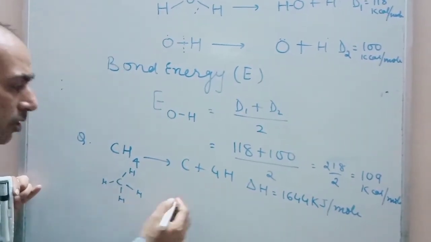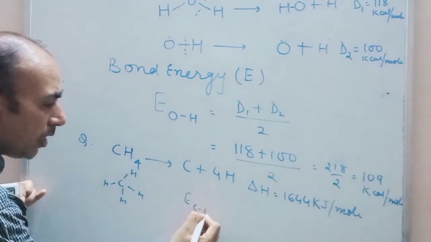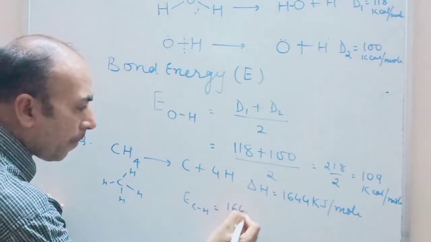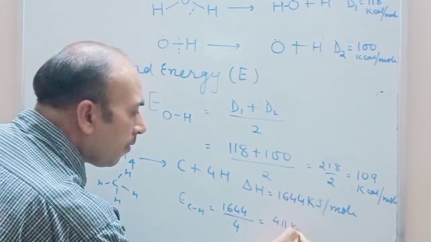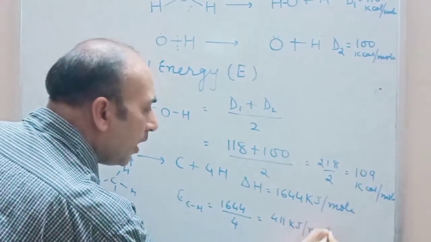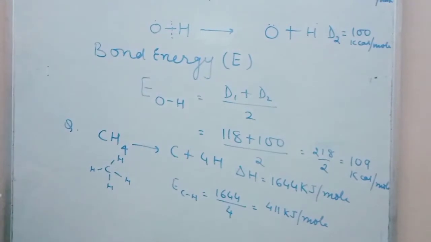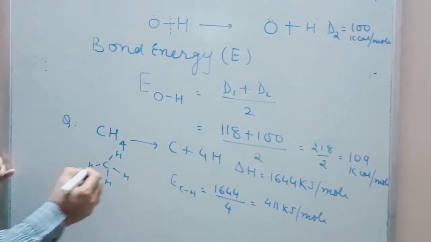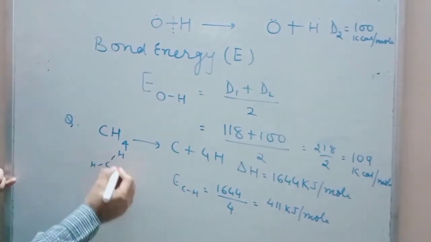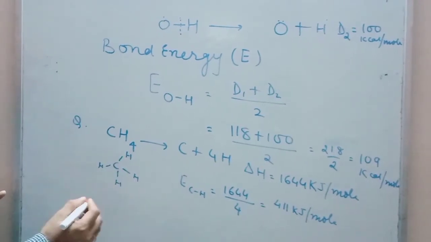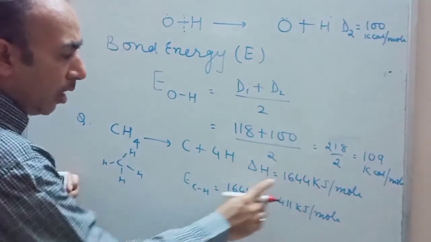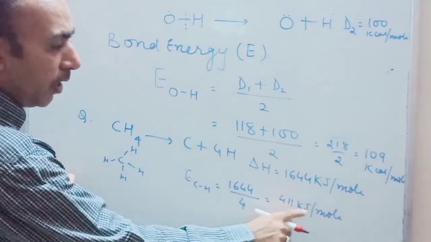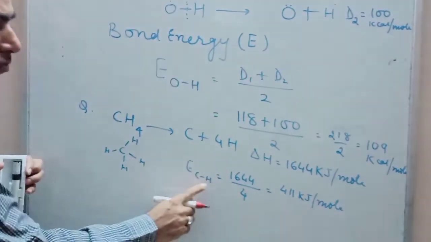Then the bond energy of the CH bond will be 411 kilojoule per mole, because the sum of the bond dissociation energies is 1644, and the average comes out to be 411. So this is the bond energy of the CH bond.